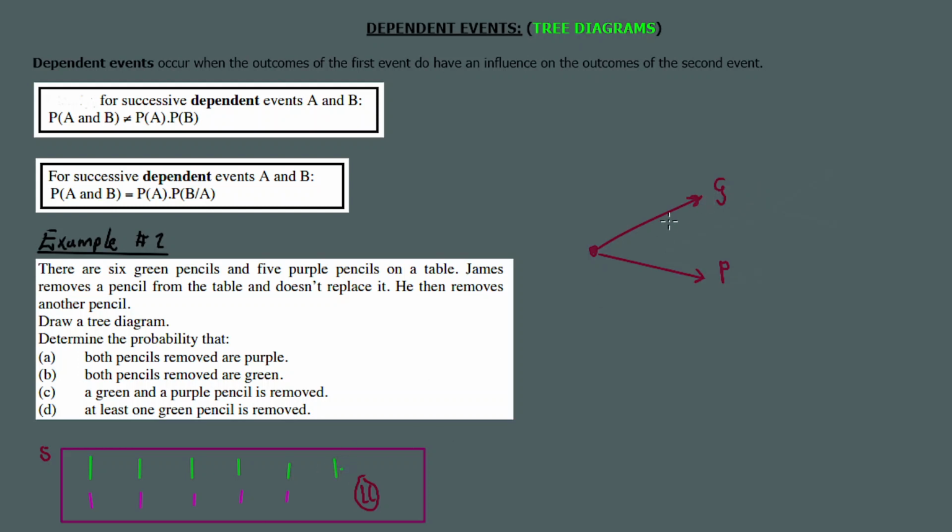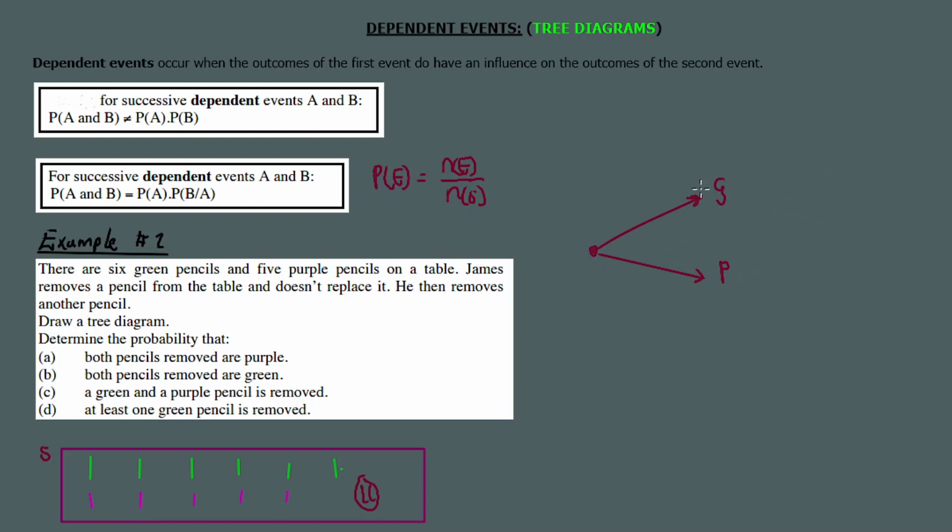In our tree diagrams we must show the probabilities. We know that the probability for any given event is equal to the number of outcomes for that event divided by the number of outcomes within the sample space. So the sample space has 11 outcomes for the first row.